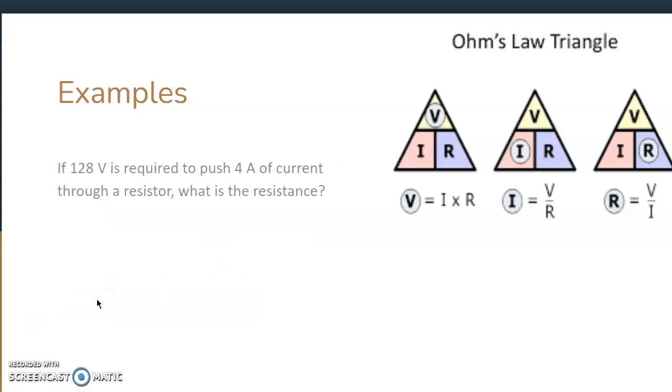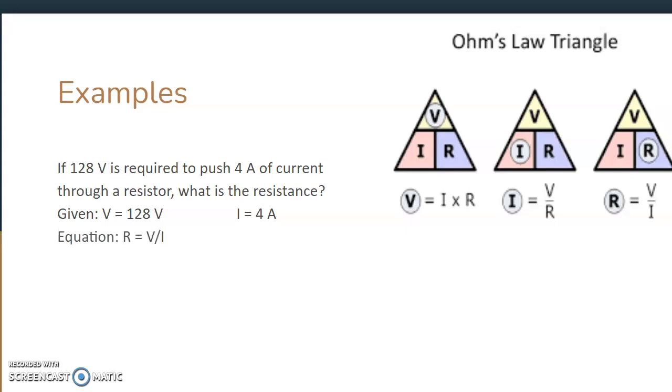All right. Our next example: if 128 volts is required to push 4 amps of current through a resistor, what is the resistance? Again, step one is to change our numbers into variables. So V is equal to 128 volts, and our current I is equal to 4 amps.